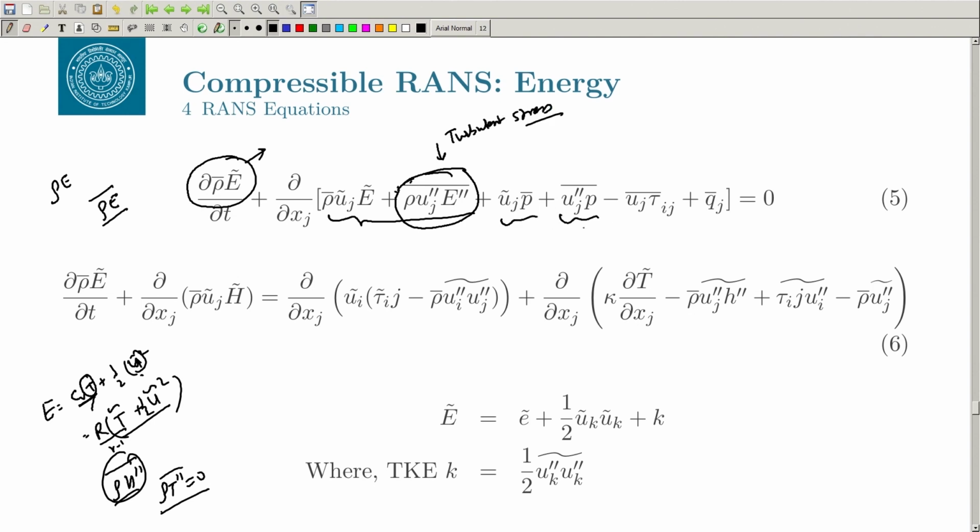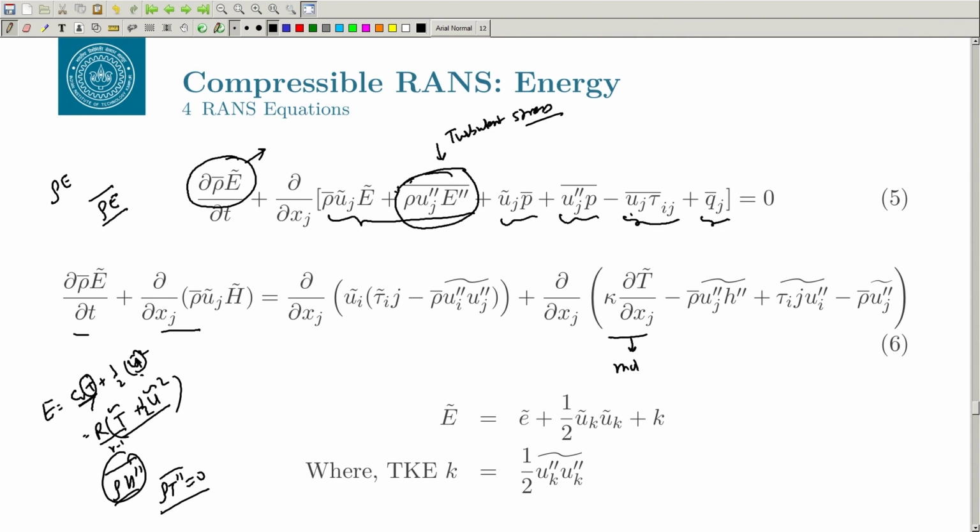This is the pressure work, and this is the pressure work due to the fluctuations, and then you will have this stress work, that's tau ij into u j, and then finally you have the quantity which is q j, right. And this is again written in the detailed format. I will not go into a detailed discussion, but there are some things that you need to see.